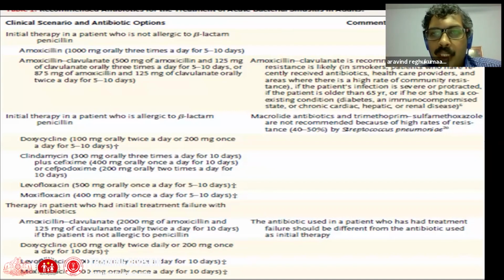Then patients who are smokers, areas where there is a high level of resistance to penicillin in pneumococcus, and then patients who have diabetes, are immunocompromised, or are above age 65, etc. So in all other situations, where the patient is a young, healthy, immunocompetent patient with acute bacterial sinusitis, the drug of choice will be amoxicillin 1 gram twice a day for 5 to 10 days.